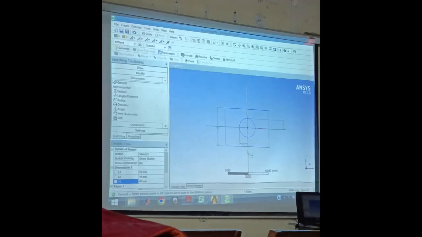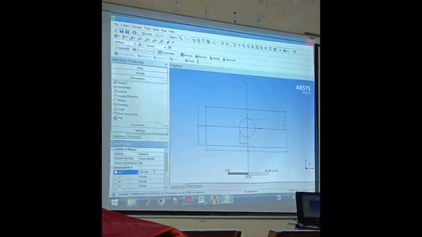This dimension may be 100 because it is almost independent. This is not varying with this length. We will apply the load in the order.